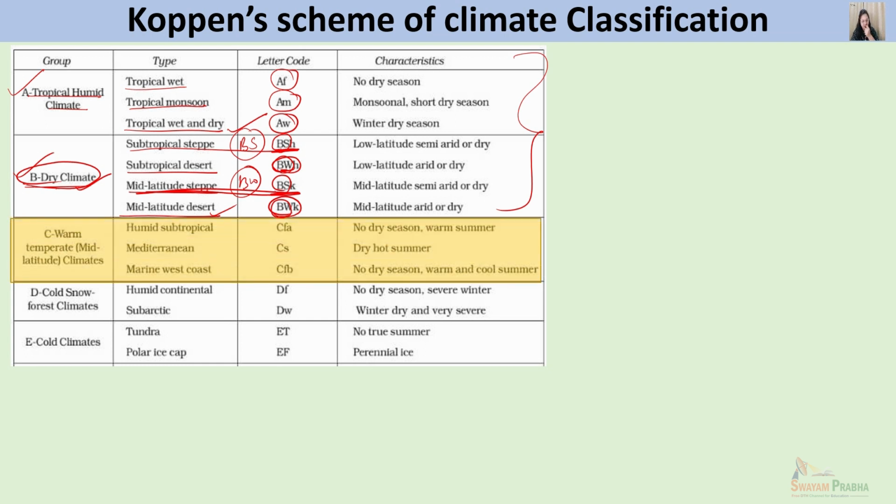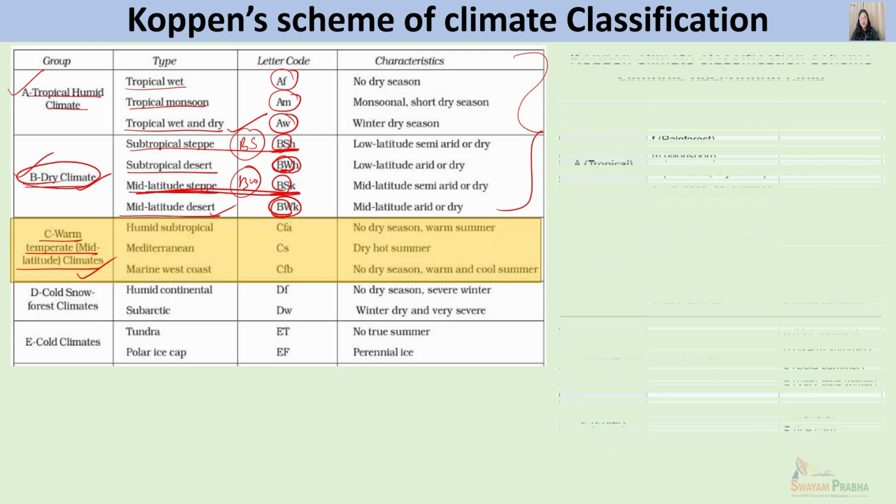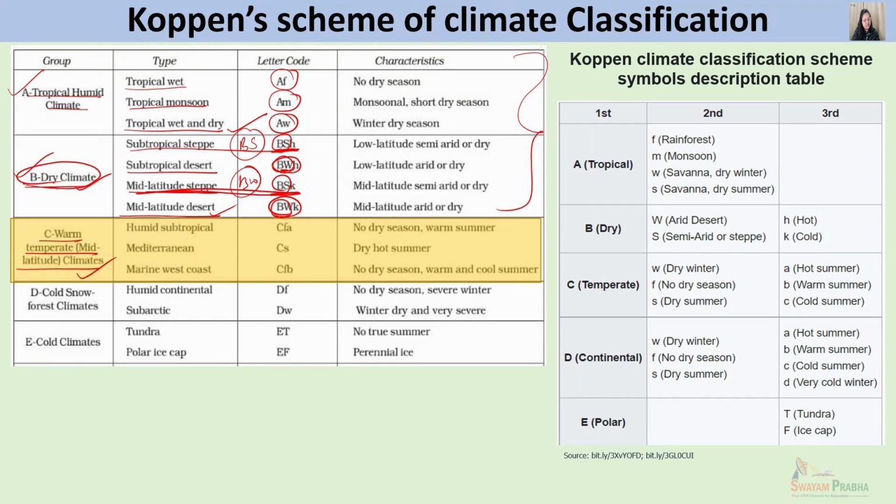Today we are going to start with the C type of climate, which is the warm, temperate, mid-latitudinal climate. So before going into C type of climate, I also want to show you that in certain categories, Koppen has presented the third subdivision also for each.